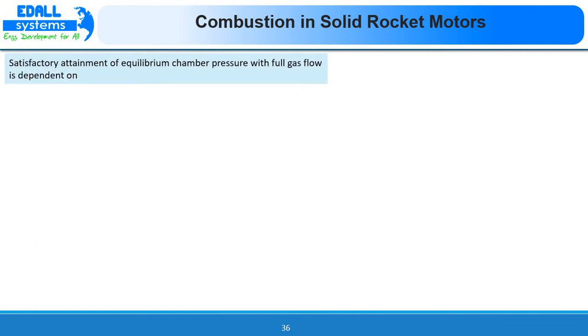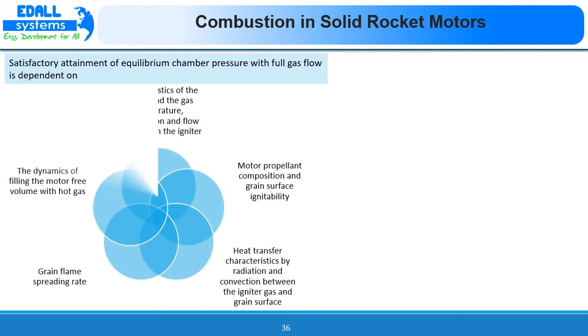The satisfactory attainment of equilibrium chamber pressure with full gas flow is dependent on some factors. For any igniter, the ignition can be called successful when the equilibrium chamber pressure is achieved with full gas flow inside the combustion chamber.